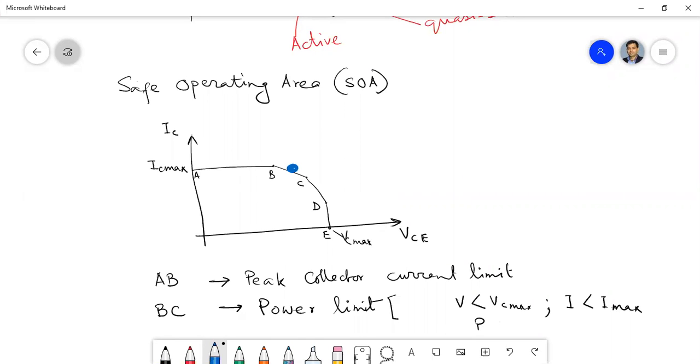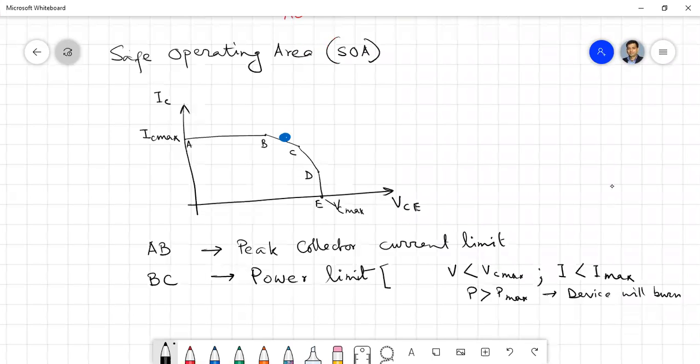If it comes greater than the P max value, then the device will burn. So you have to be inside this safe operating area so that you can save your device.